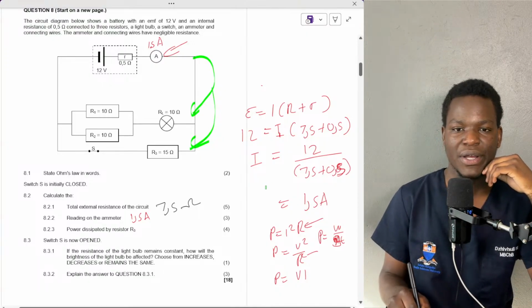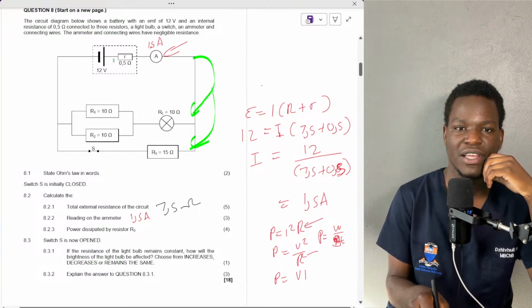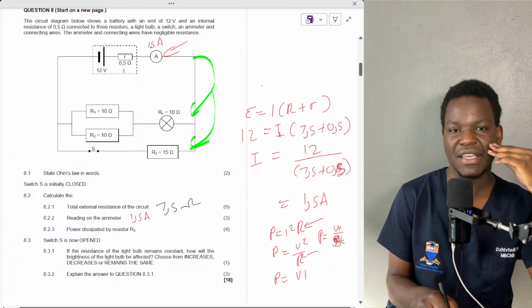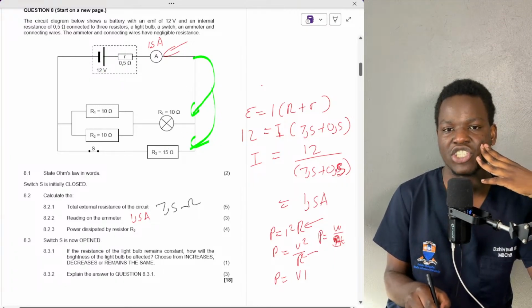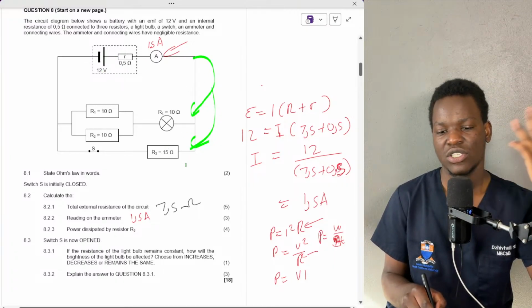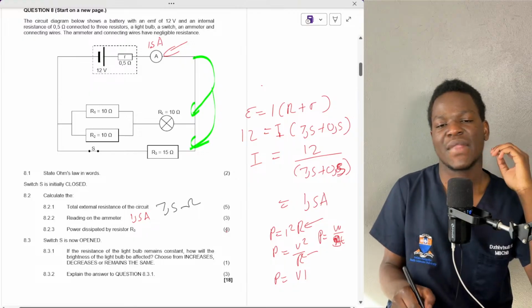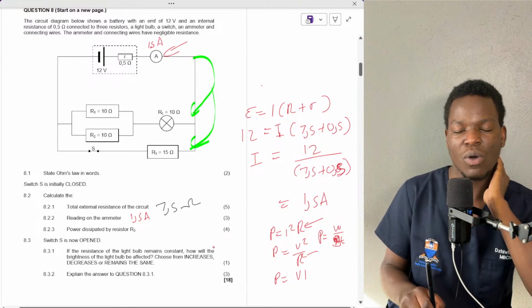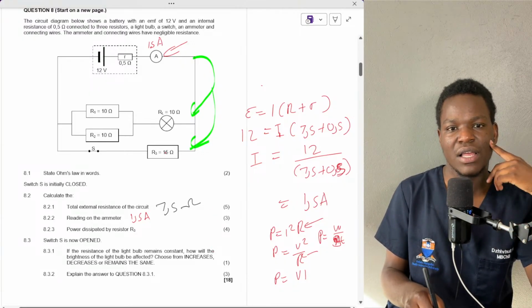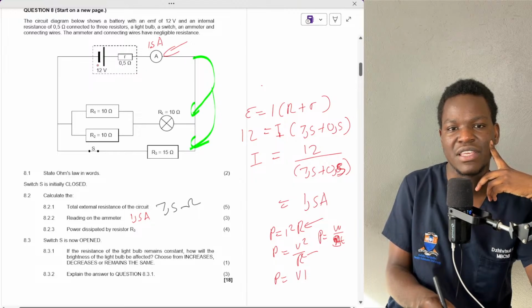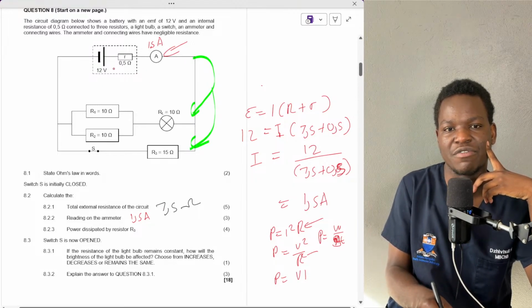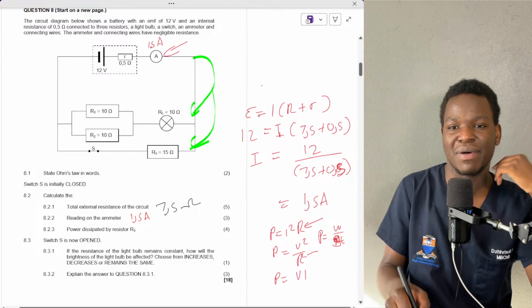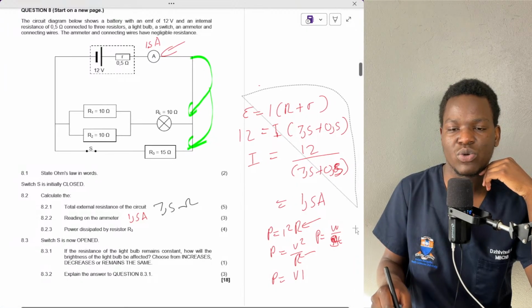So it means that the V external will be the voltage across this one. Now let's find our V external. How are we going to find it? We have our V internal. We don't have it, but we can calculate it. I'll show you how.